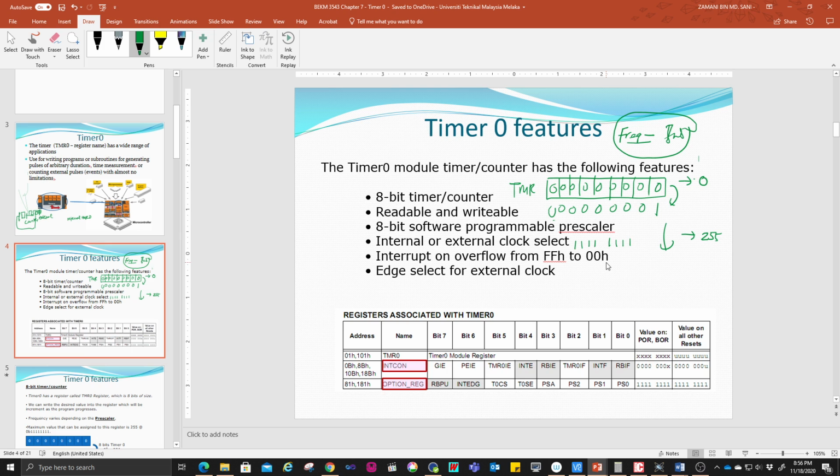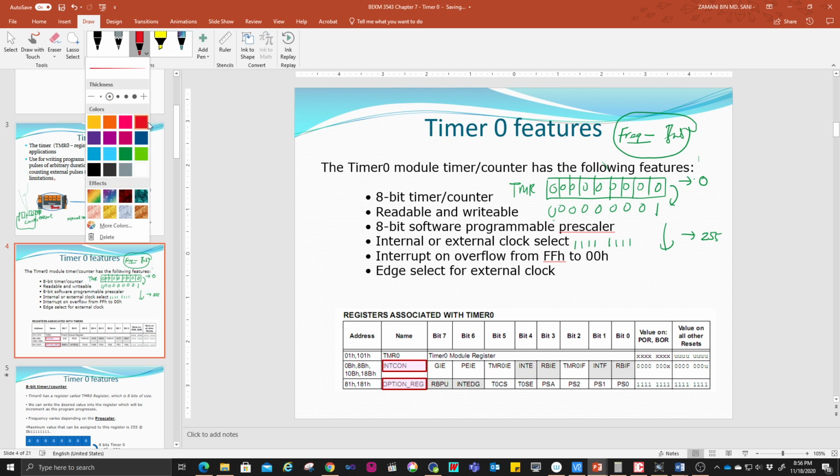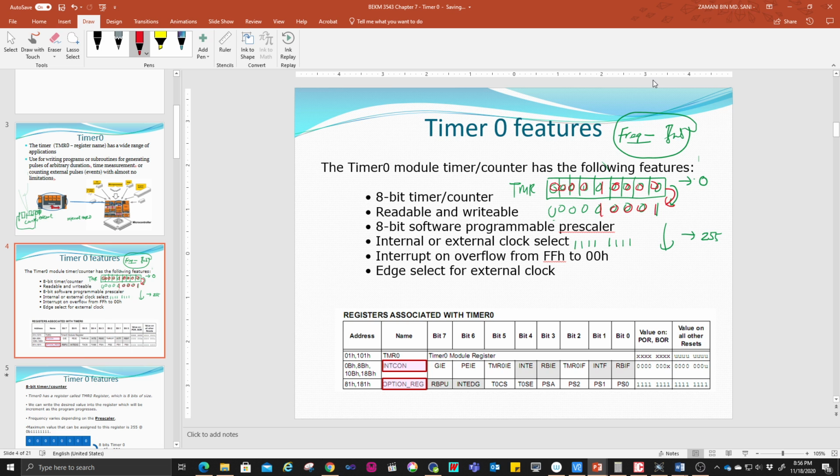It is readable and writable, which means that you can write any number that you want into this register. For example, if you want to start from a certain number, then it can start to count from there, for example 1000 0001, next 1000 0010, up to 255, right? So this is readable and writable. You can read this timer zero register, and you can also write to it.